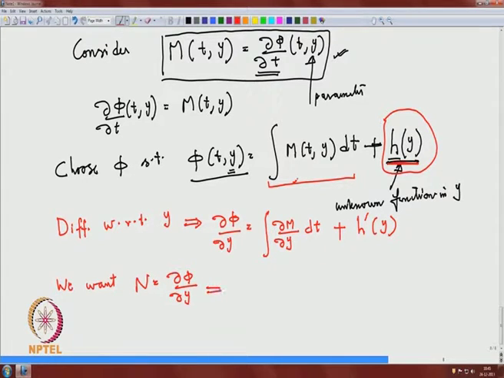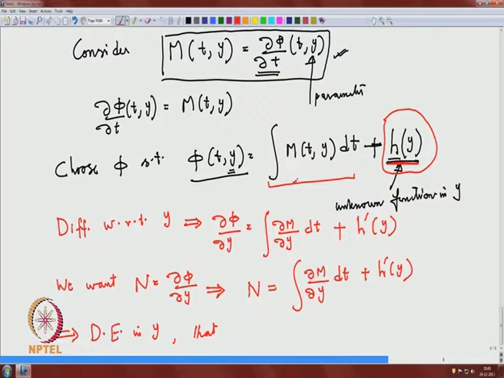So, that implies, so you have an equation. So, you have that n is equal to the integral of m, dm by dy dt, you have h prime of y. So, that implies a differential equation in the y variable now.